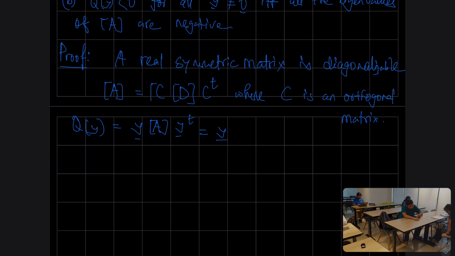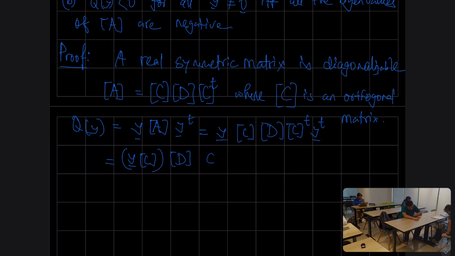These are all matrices, so we use matrix notation. This goes there, and then you can say, this is a new vector.